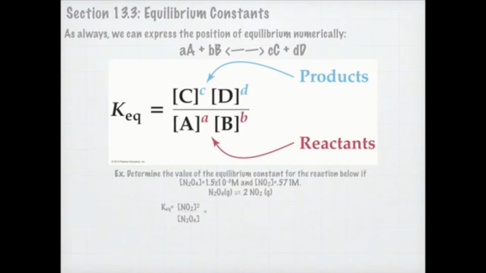Now all you need to do is plug in the values: 0.571 squared divided by the concentration of N2O4, which is 1.5 times 10 to the negative third. When you find your answer, it's 220. I rounded to two significant figures, so it's 220.